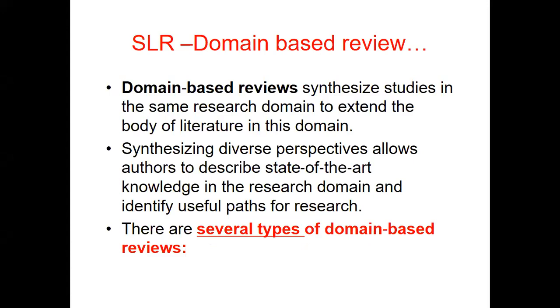Now, a domain is a specific area around which you are researching. It's not necessarily a discipline. A discipline will be bigger, but a domain will be like, for example, if you're coming from finance, that will be, let's say, for example, stock markets, or maybe capital structure, that would be a domain, okay?